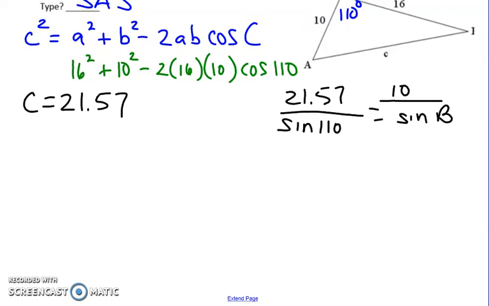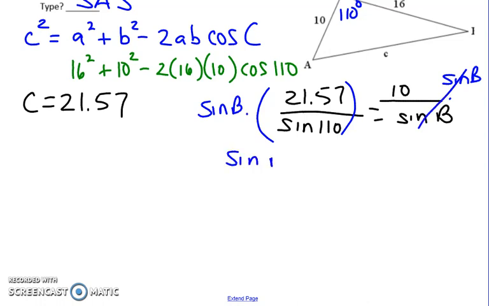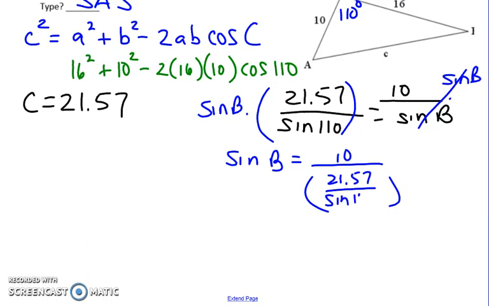I can multiply by the sine of B on both sides. So now to solve for the sine of B, I'm going to take 10 and divide it by whatever I got when I divided 21.57 by the sine of 110.